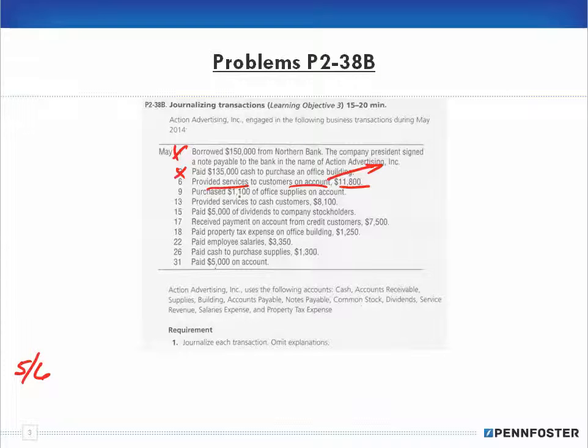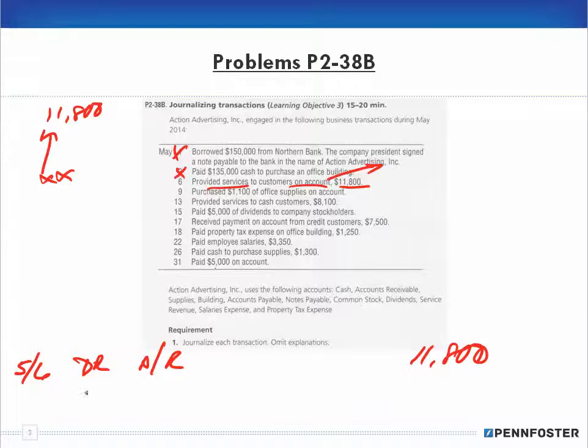And since I'm providing services, that means somebody else is going to owe me, so it's an accounts receivable. So my accounts receivable is going up by $11,800. And since receivables is an asset just like cash is an asset, I'm increasing my receivables on the debit side. So debit to accounts receivable for $11,800.